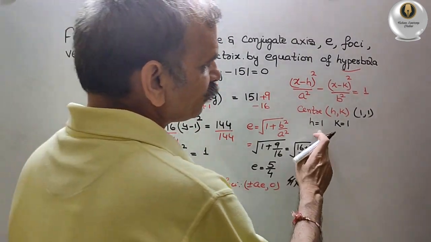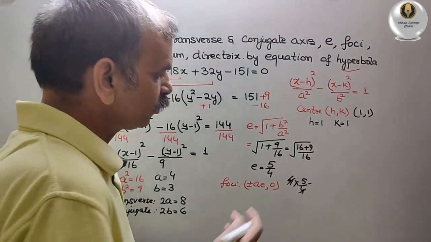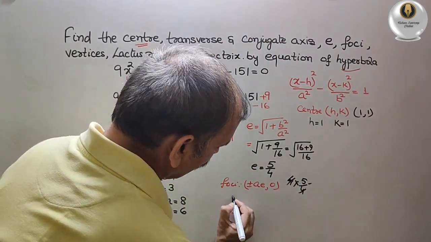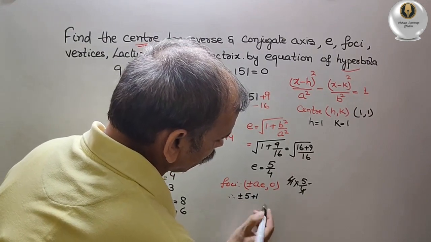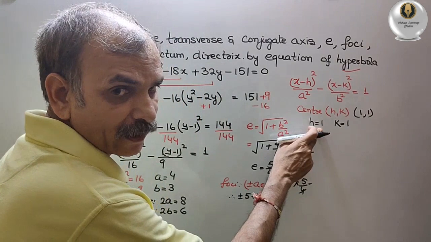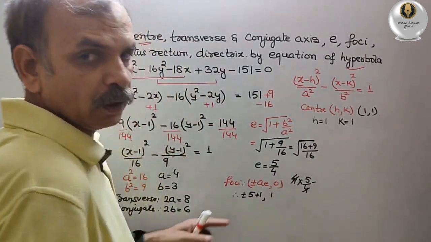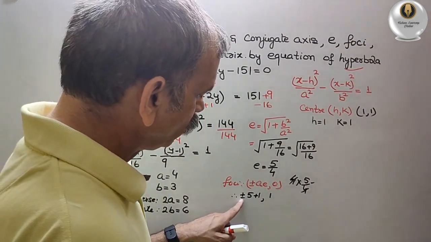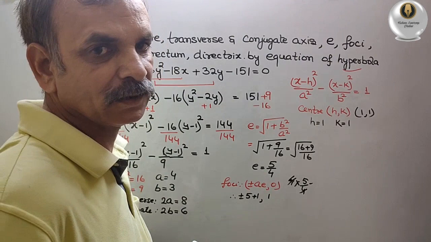But here the center is 1 comma 1. So what is our that? So what we will write? Just we will write like this, plus minus 5 plus 1. This is your x and this is your y, comma 1. Now, if you solve this, what we have to do? One time we have to take plus, another time we have to take minus.